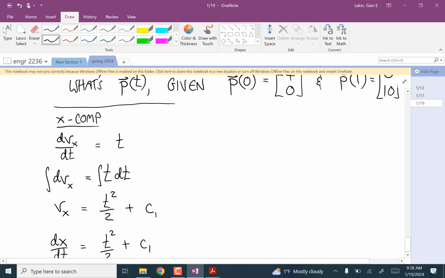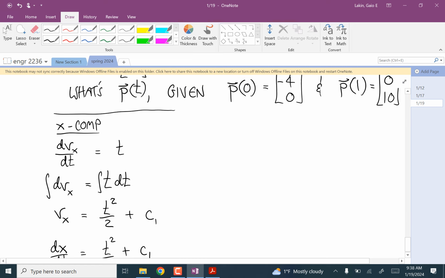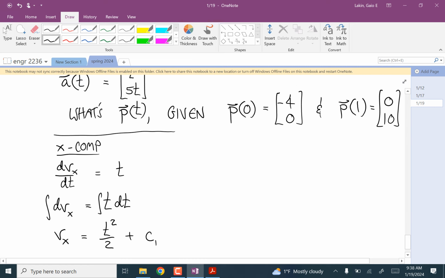Okay, let me stop here before I go on to the next thing. Like in past examples, once I get here, I always use the boundary condition to solve for c1. But notice we don't have any boundary conditions that'll let us solve for this, because neither of these say at a given time we know the velocity of x is this thing. So there's nothing we can do. So we just have to kick the can down the road and do all the boundary conditions once we get to an expression for position.